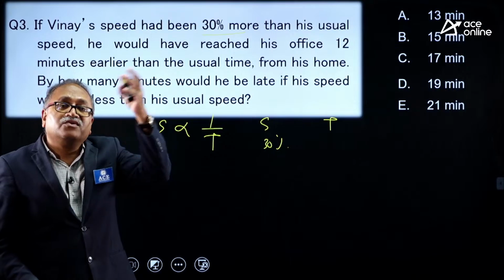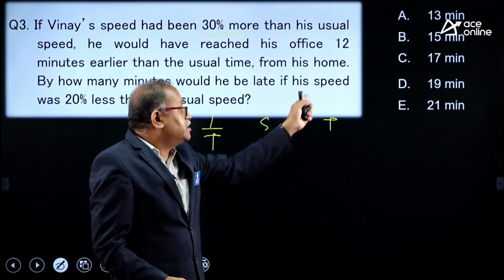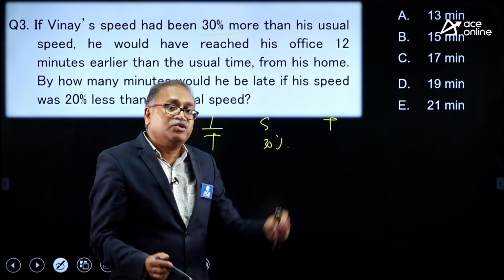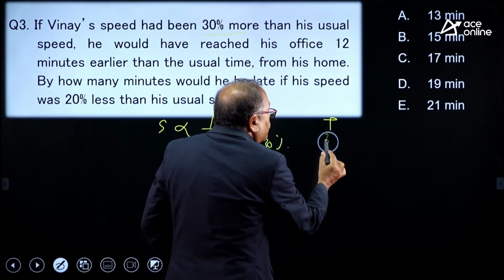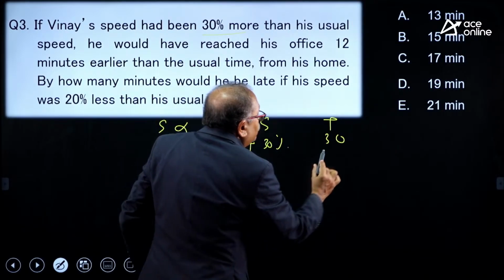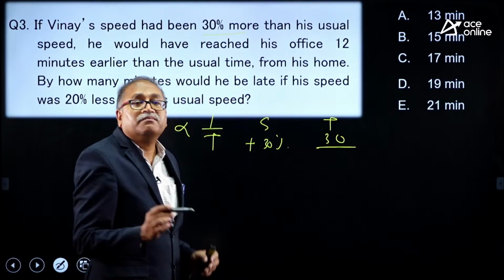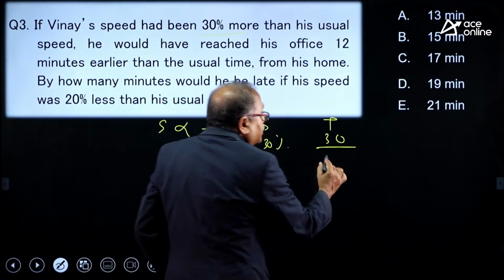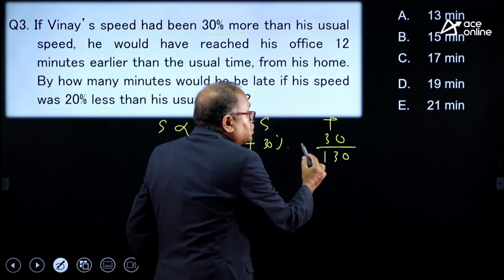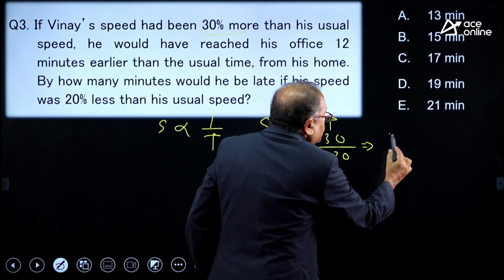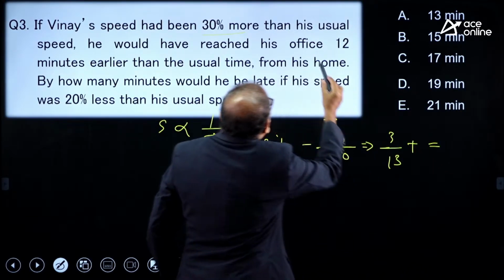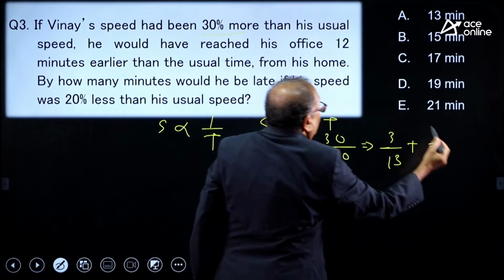If the price of goods is increased by 30%, by what percentage does consumption have to be reduced? That application I am doing over here. So, if the speed is more, then time will reduce by 30 by 130. That means 3 by 13 part of the time is reduced, and that time is nothing but 12 minutes.